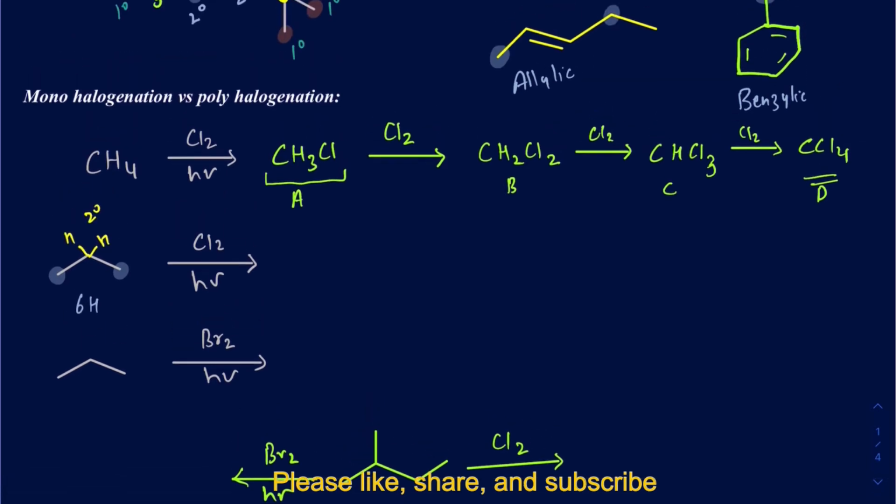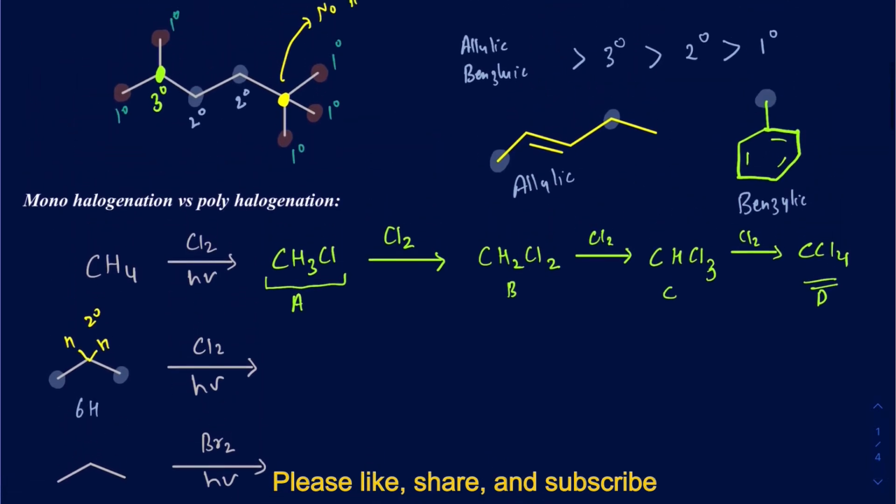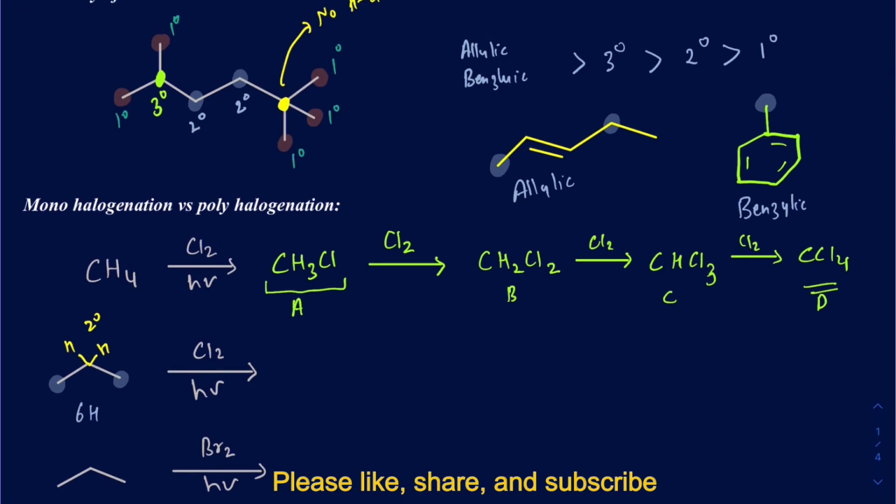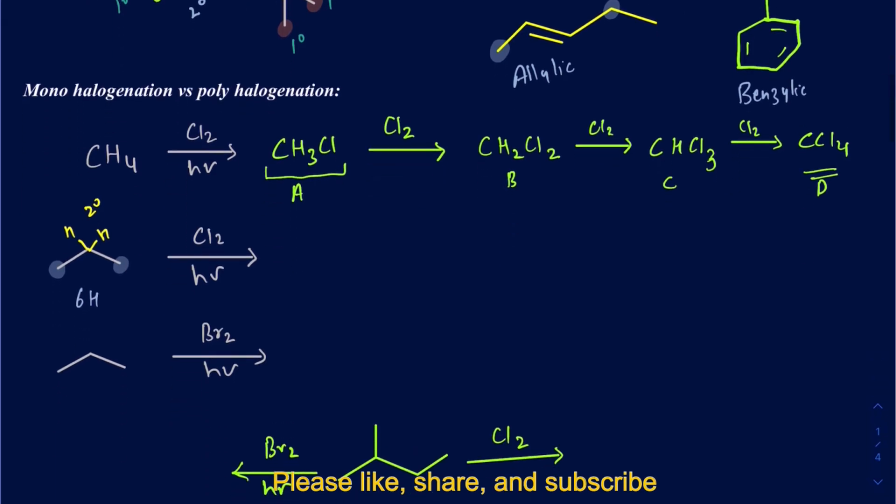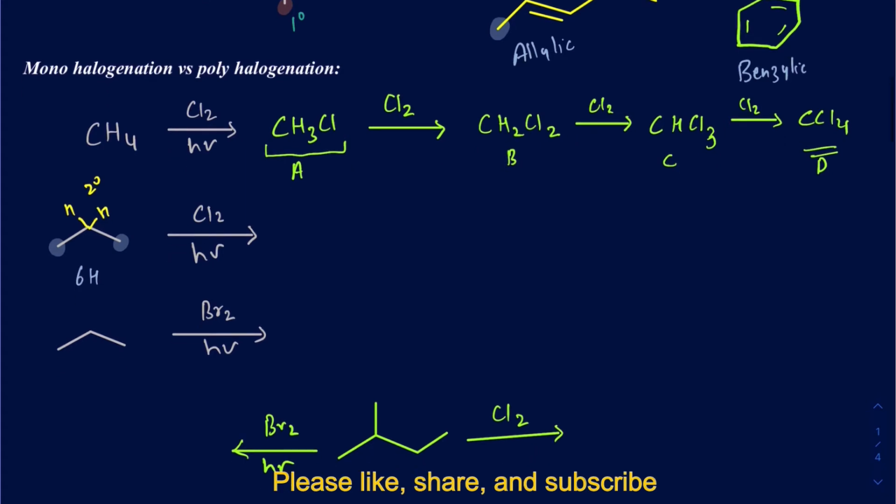We did say earlier that usually your secondaries are more likely to be abstracted than the primaries, but chlorine doesn't really do a good job in terms of abstraction of protons. It does a decent job, but not a good enough job to qualify as your best friend in terms of halogenation.